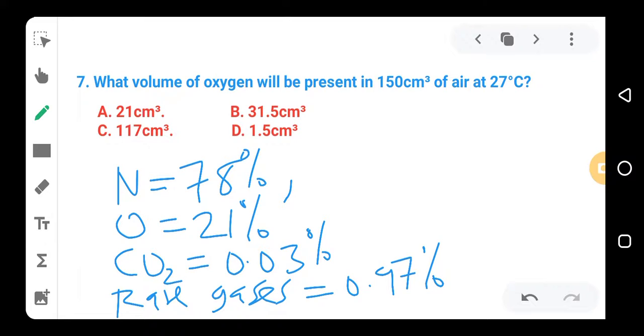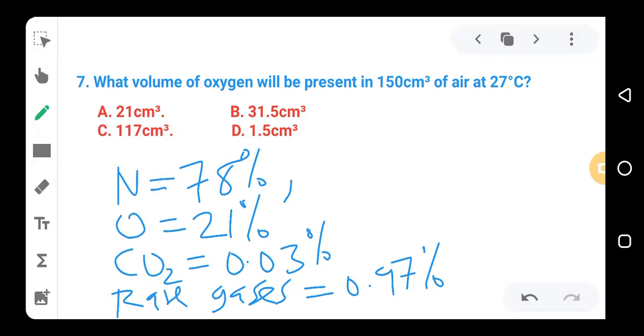Now, the question asks what volume of oxygen will be present in 150 cm cube. What this composition means is that if we have 100 cm cube of air, it is going to contain 78 cm cube of nitrogen, 21 cm cube of oxygen, 0.03 cm cube of CO2, and 0.97 cm cube of rare gases.